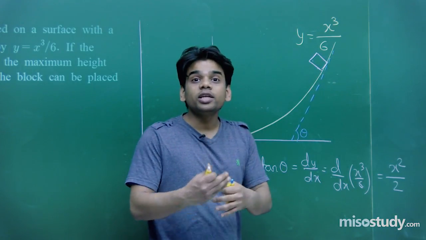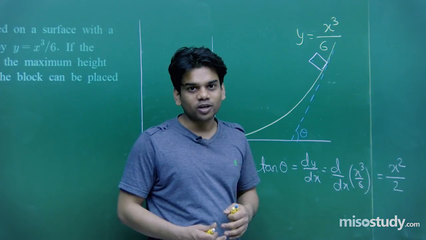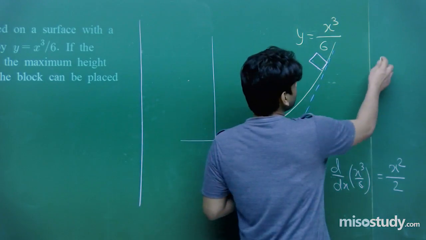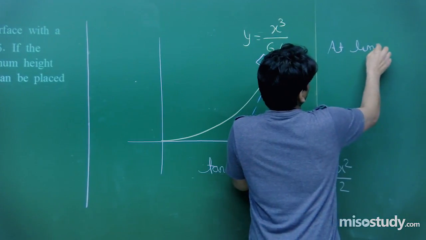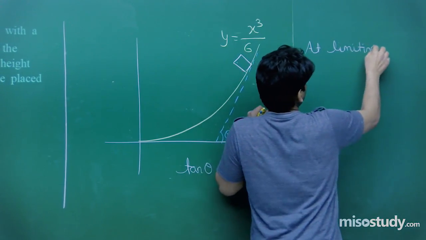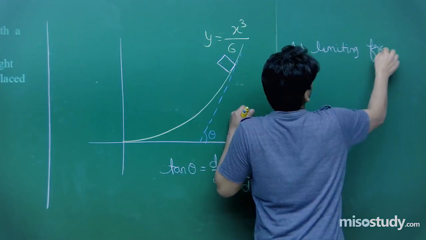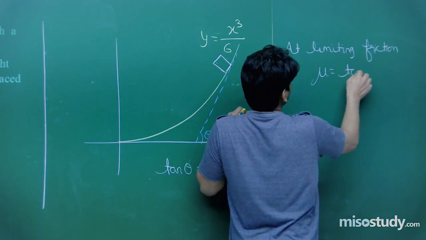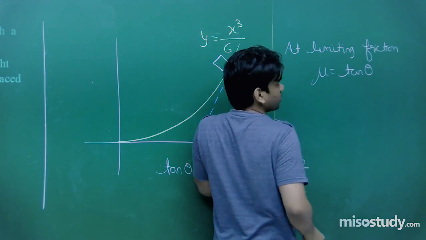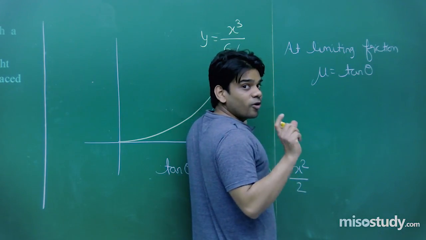Now let us know the limiting value of the friction. For limiting value, mu is equal to, at limiting friction, when maximum friction acts, we all have learned this, mu is equal to tan theta. So we need to avoid it slipping.